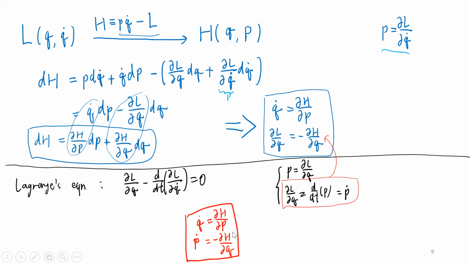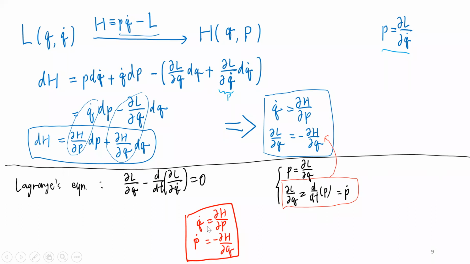So now these two equations, as you can see, what do we have? We have this Q dot. What does it tell us? The velocity, or the generalized velocity, of the particle. And then this one is the time derivative of the momentum of the particle. So examples will come later.